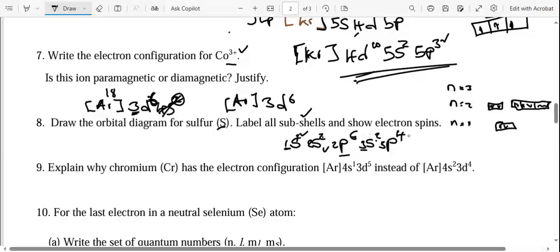So we have n equals 3 with 3s, which is filled. Then the 3p which is there is just having 4 electrons. So we'll fill them 1, 2, 3. The fourth one will pair there. Okay, so this is the orbital representation. We are done. That's how you represent on the orbitals.